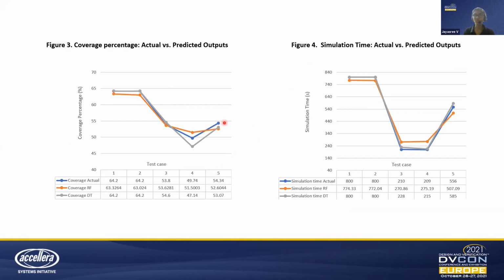The line in blue indicates the actual value of coverage percentage and simulation time, and the lines in orange and gray represent the predicted values of coverage percentage and simulation time using random forest and decision tree models respectively. Here as well, we can see that the actual and the predicted values lie very close to each other. So with that, the stage 1 of the algorithm is complete.